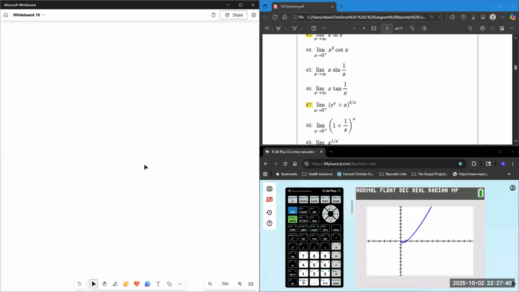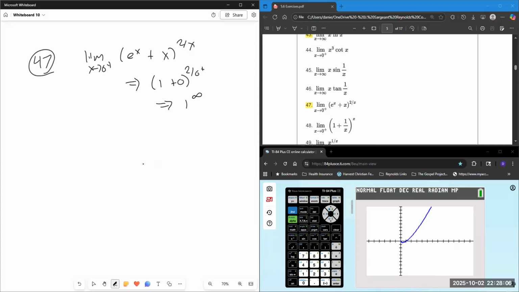Let's look at 47. Limit as x goes to 0 from the right of e to the x plus x to the 2 over x. So as I plug in 0 from the right here, this is going to be approaching 1 plus 0, 2 over 0 from the right is going to approach 1 to the infinity, which is an indeterminate form.